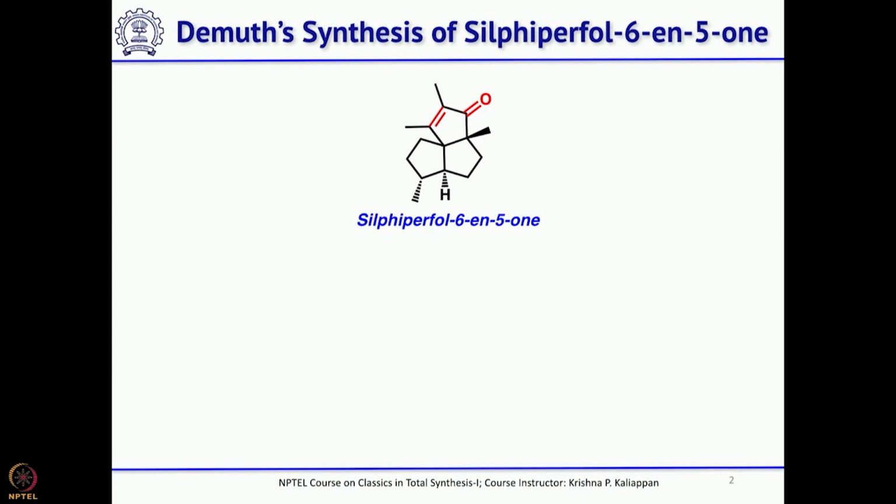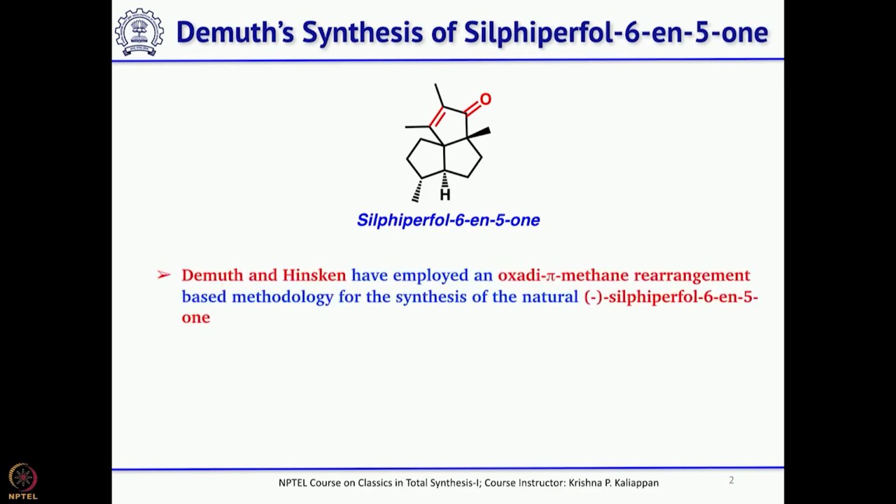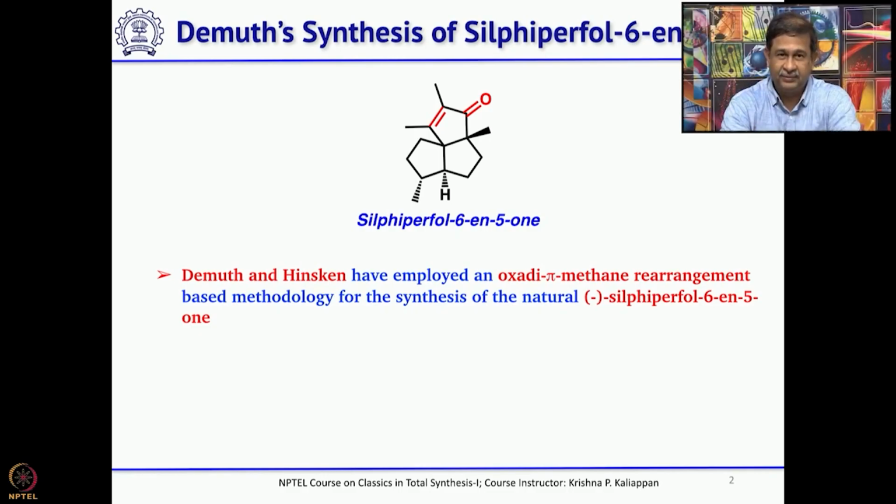The first one which we will discuss is the total synthesis of sulfur-perfol-6-ene-5-one, and this particular synthesis was reported by Demuth and Hinsken. Interestingly, what they have used is an oxo-di-pi-methane rearrangement induced by photochemical condition.